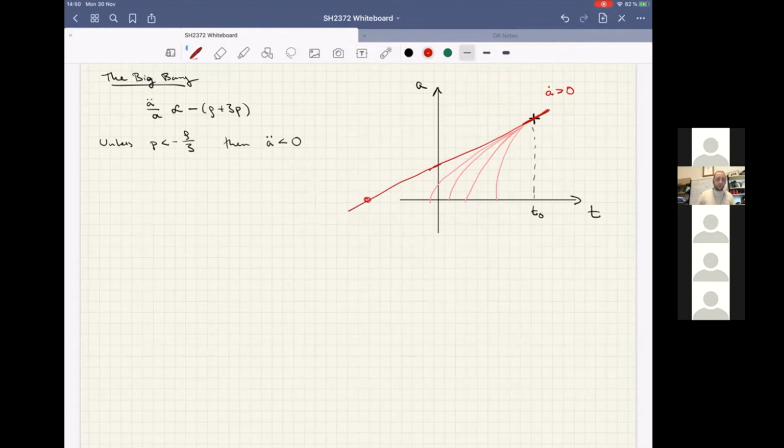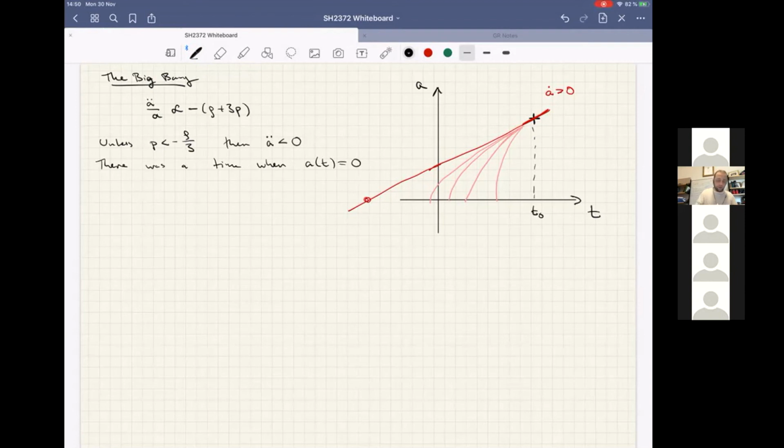So if you just take this at face value and extend the history of the universe backwards in time, then there was a time when A of t was equal to 0.